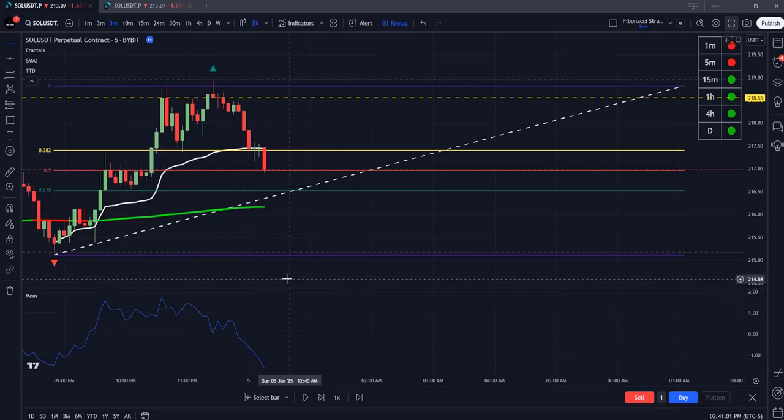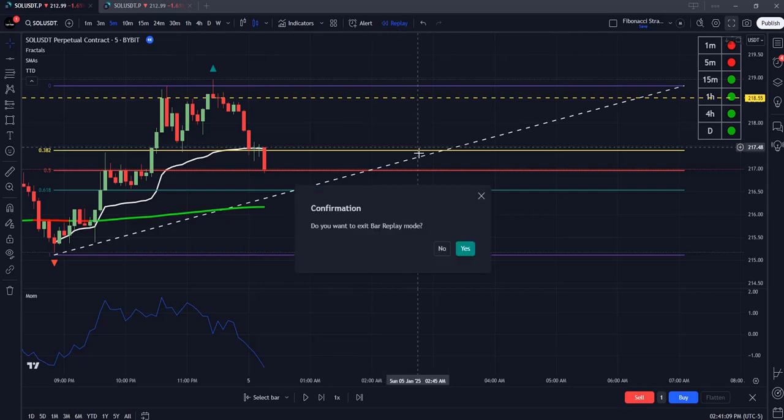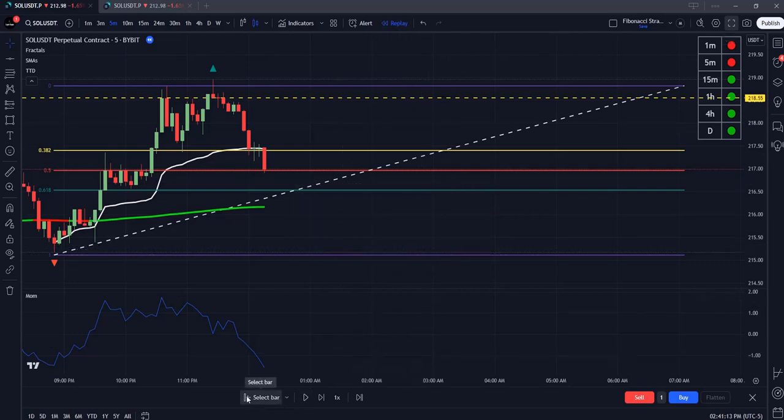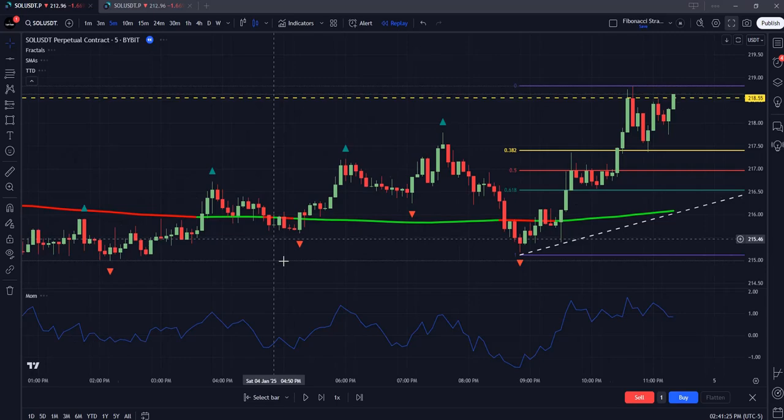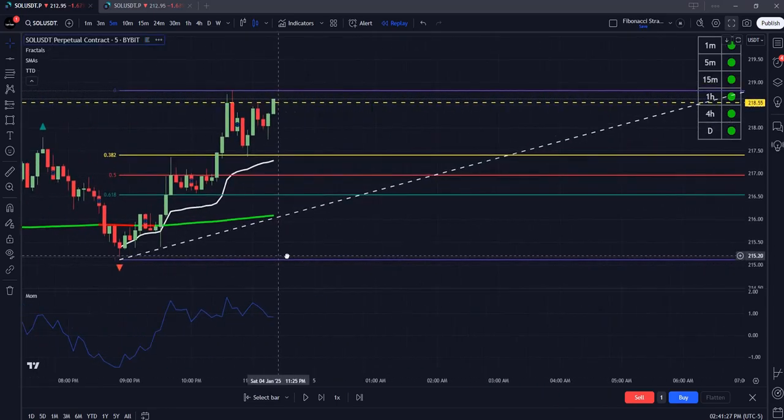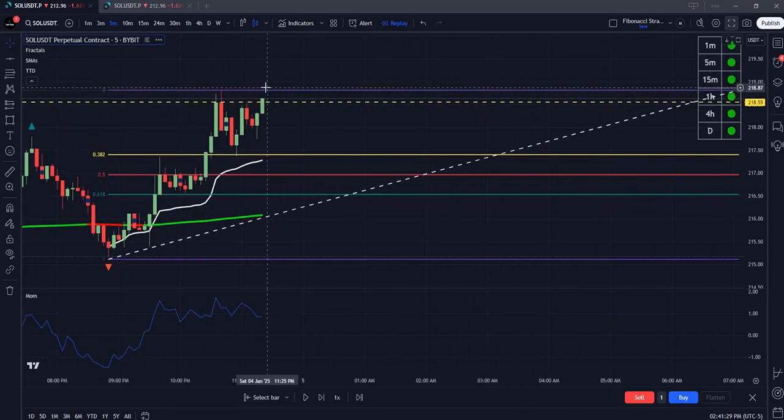But then what I also did was, and I don't know if this will show me when I switch time frames, let me back up a little bit. Let me go to right where we entered. So that would be the candle before we entered.